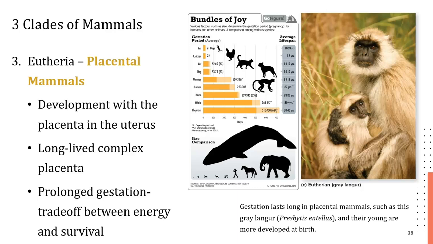So usually mammals have a small number of offspring compared to other organisms. If you think about insects laying thousands of eggs, or some reptiles laying 50, 60 eggs, our mammals usually have a small number. Even something like a litter of puppies, maybe they have 10 or 12, this is still a relatively small amount.